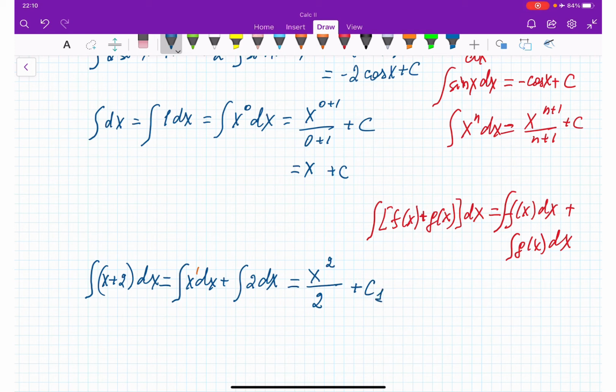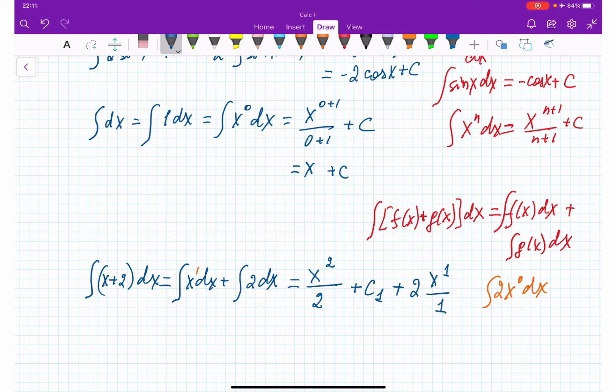Why c1? Because I will have another constant for the second integral. Since we have 2, it's going to be the integral of 2, I can write x to the power 0 dx. And that is going to give me 2, the constant stays, and x to the power 0 becomes x to the power 1, because 0 plus 1, and divided by 1.